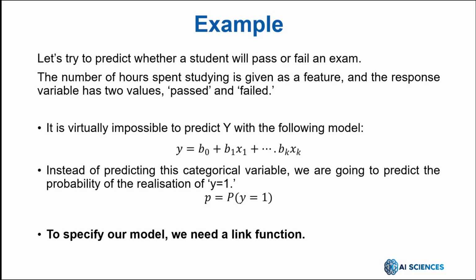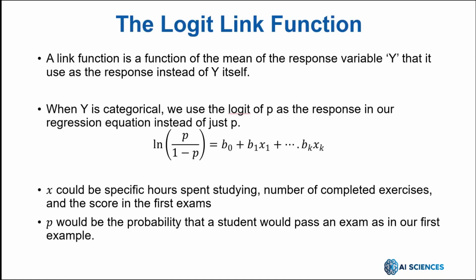Therefore, instead of predicting this categorical variable, we're going to predict the probability of the realization of y = 1. P = probability of y = 1. In order to do that, we need a link function: the logit link function. A link function is basically a function of the mean of the response variable y that we use as the response instead of y itself.